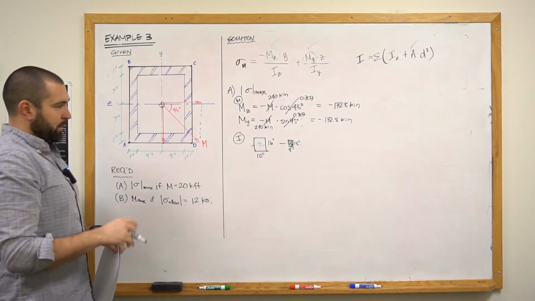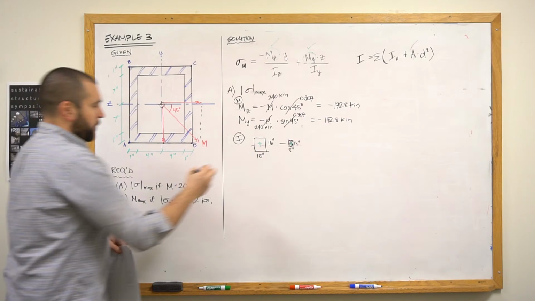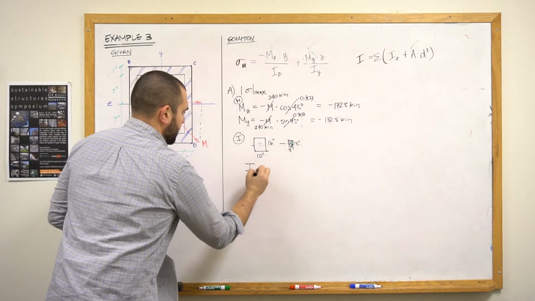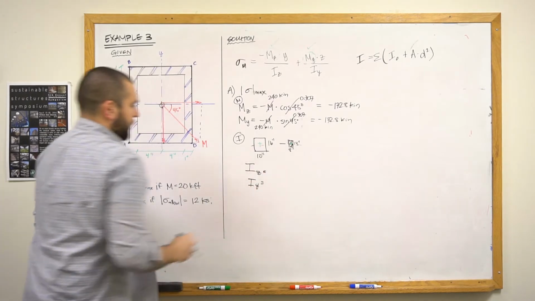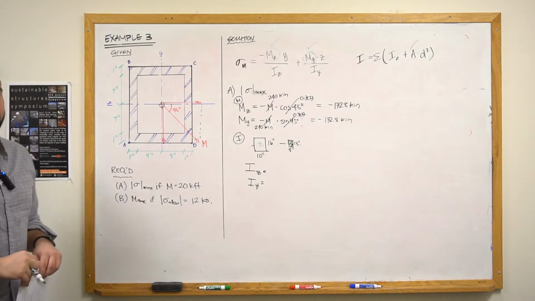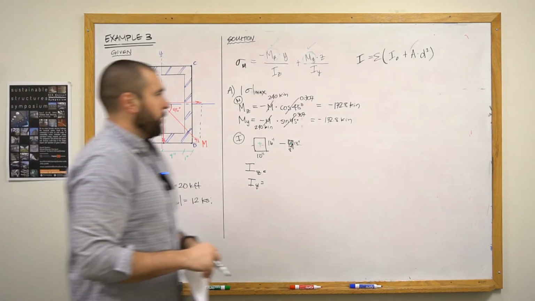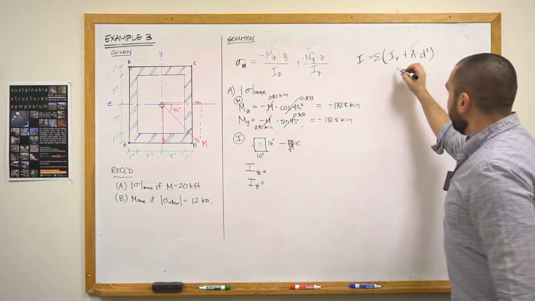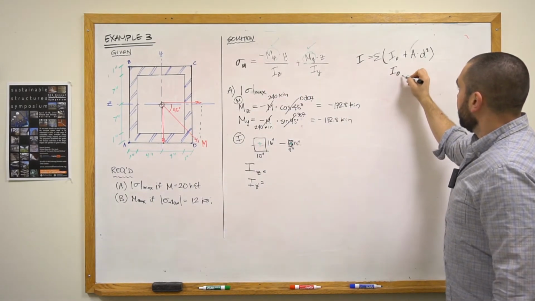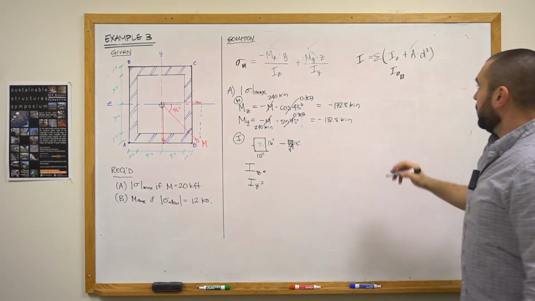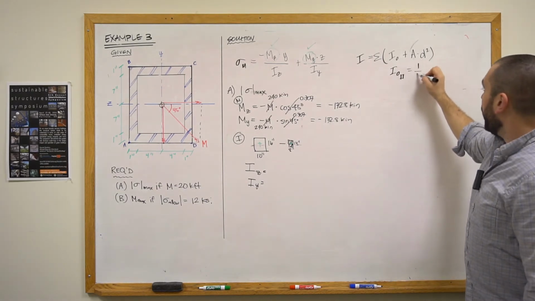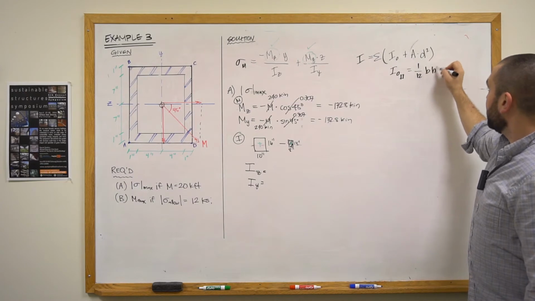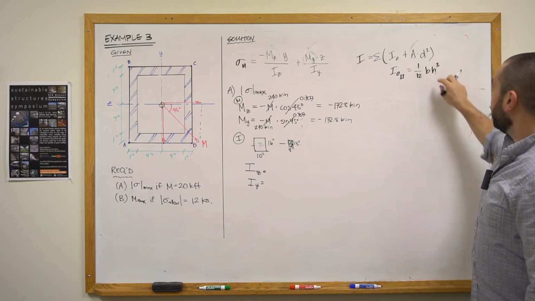So with that in mind, the only thing that we need to do is keep track of how the moments of inertia about the y and the moments of inertia about the z-axis differ. Now, one other equation I could have put up here is that the moment of inertia of a rectangle about its own centroidal axis is equal to 1/12 base times height cubed.